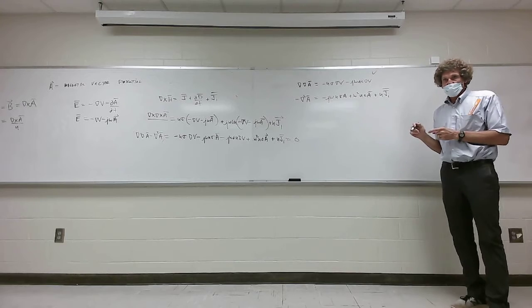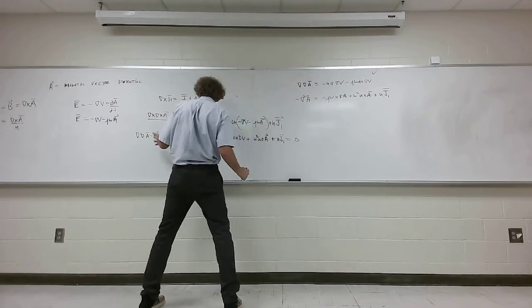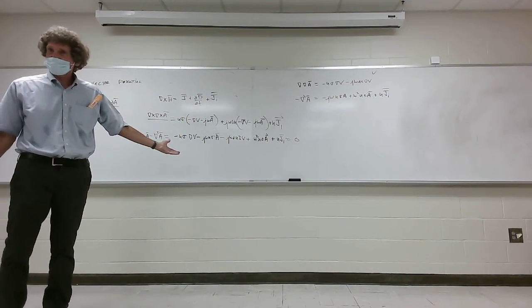Y'all follow me? I took this equals portions of this equals portions of this, and if you take them both and add them up, you get that. Are you with me, class?